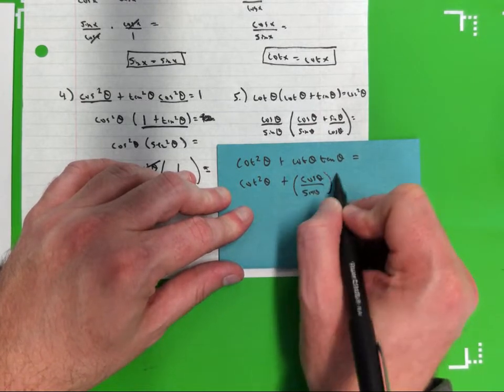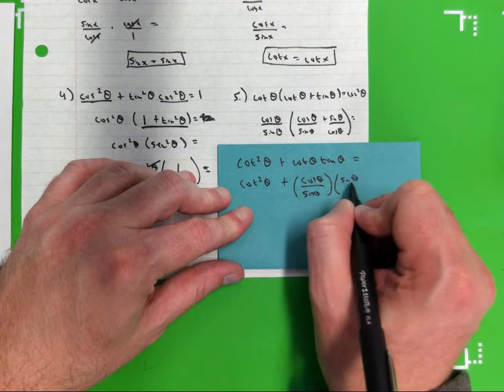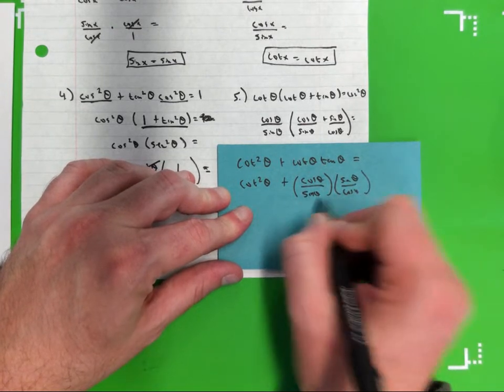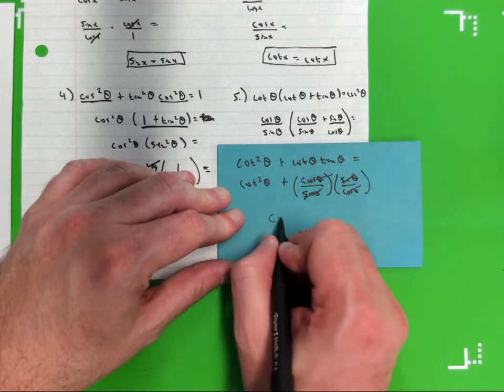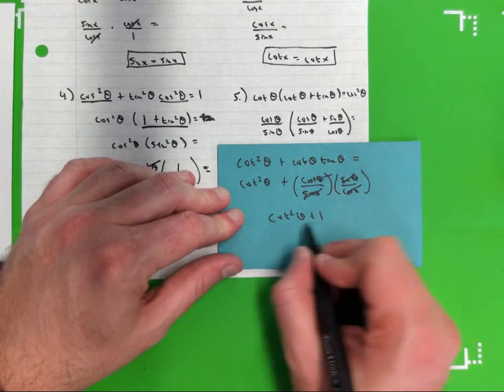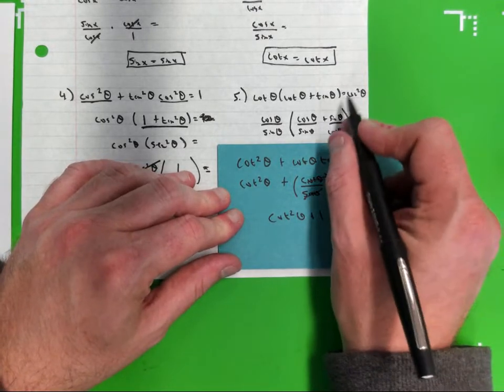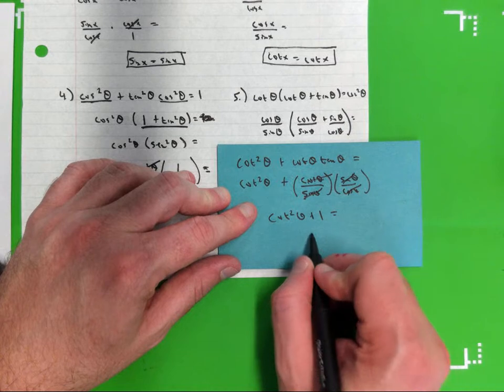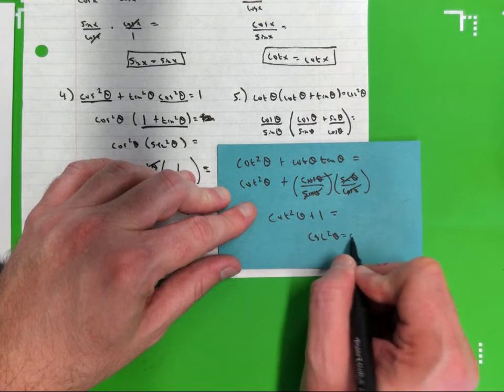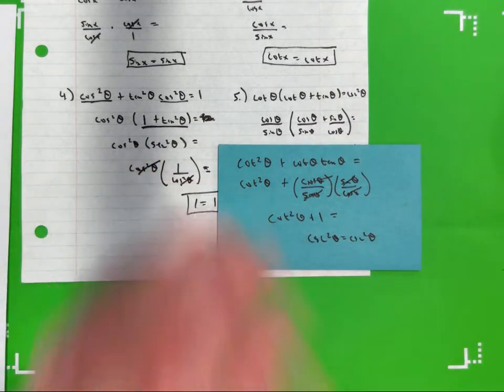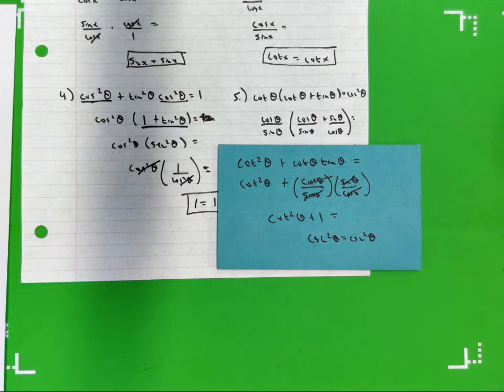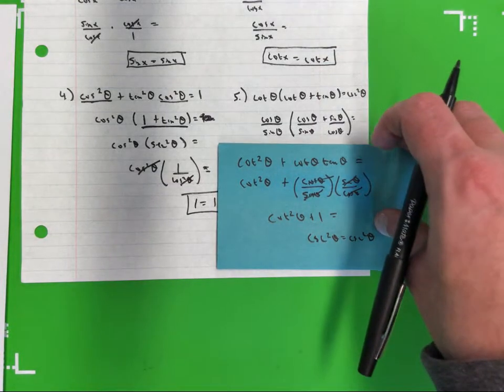I broke this down. These cancel out. I'm left with cotangent squared theta plus 1. That's an identity, and that is equal to cosecant squared theta. So you could have done it like that. As long as you do it mathematically correct, and everything's mathematically correct, and you prove it, it's okay.